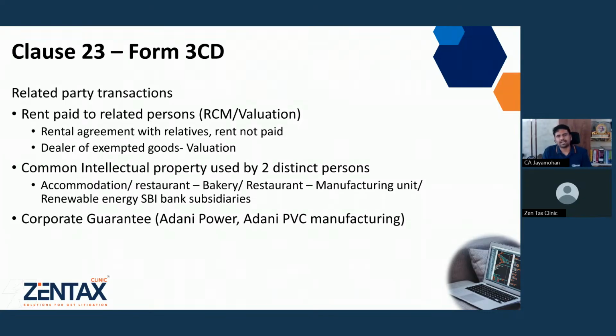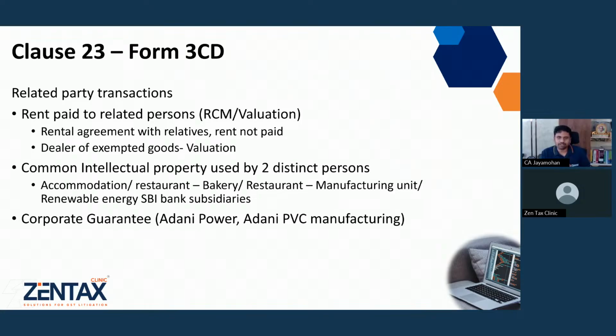But what about a situation where the officer invokes this provision, and you are a person trading exempted goods? You will not be eligible to claim ITC. For that reason, the officer would say that 5,000 is not the rent, 25,000 is the rent prevalent in the local area when I went and inquired.